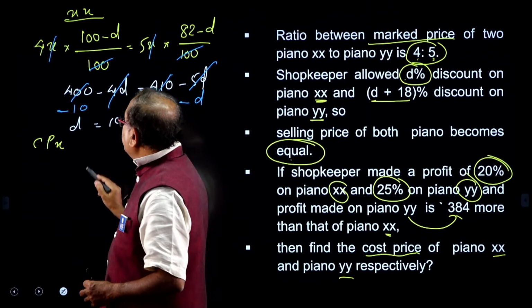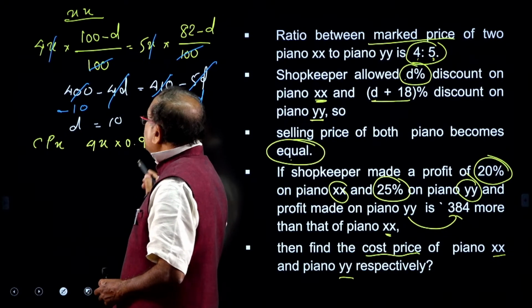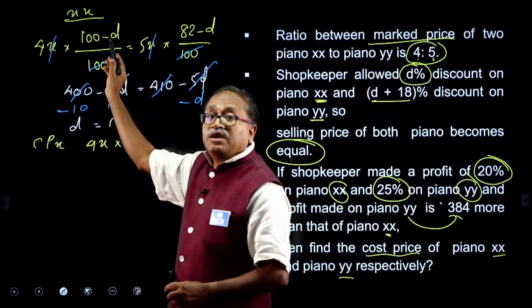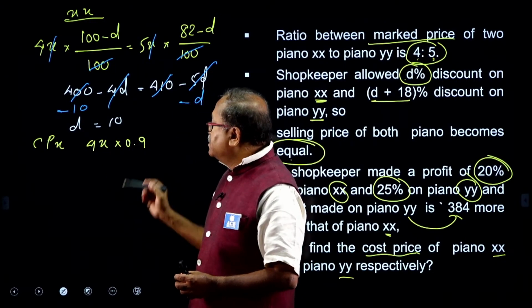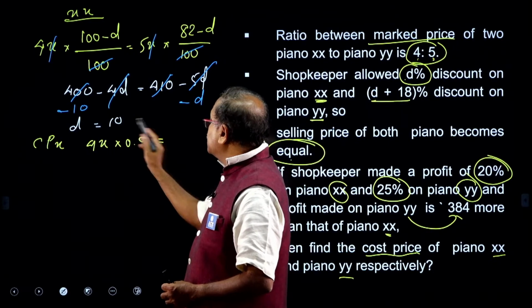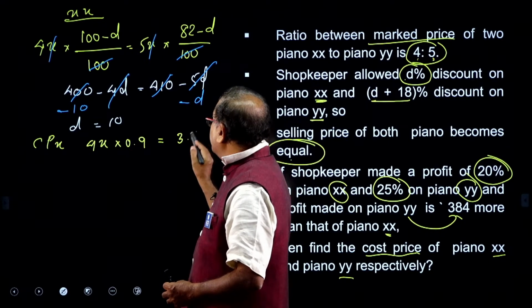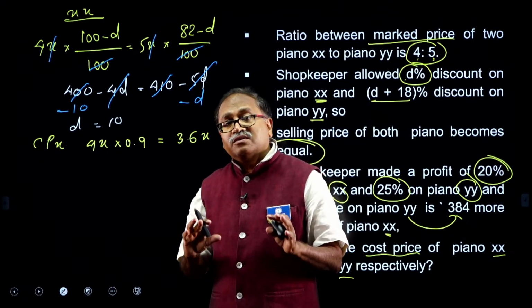So, this is the mark price, that is 4x and into 0.9, because the discount given is 10%, that means you are selling it at 90% of the mark price, and that gives us 9 4s are 36, 3.6x.